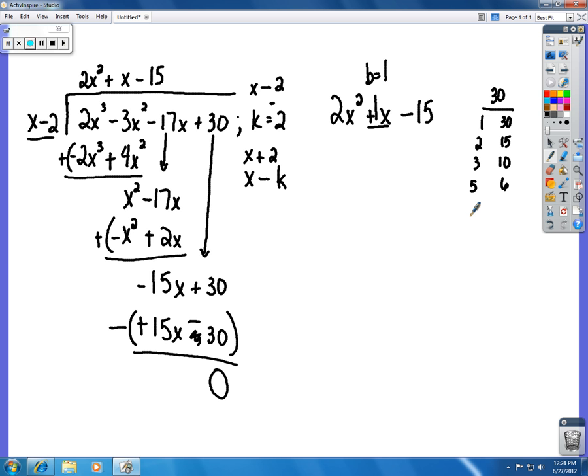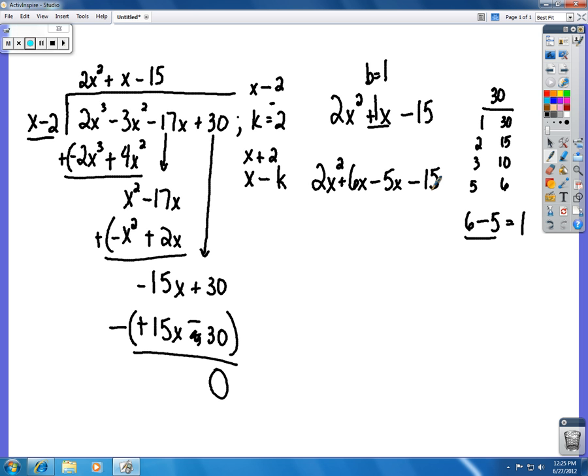And if I do 6 minus 5, that is 1. So what I'm going to do is split up this middle term into these two pieces: plus 6x minus 5x. And then I've got my minus 15.